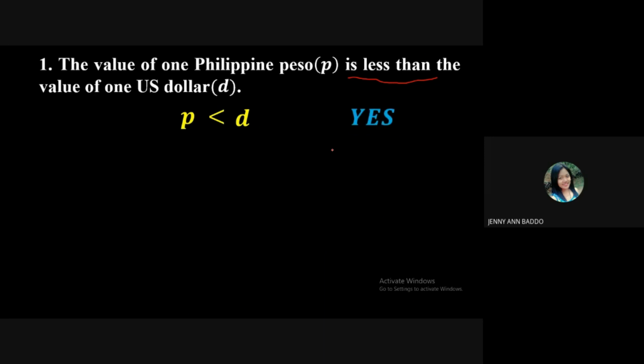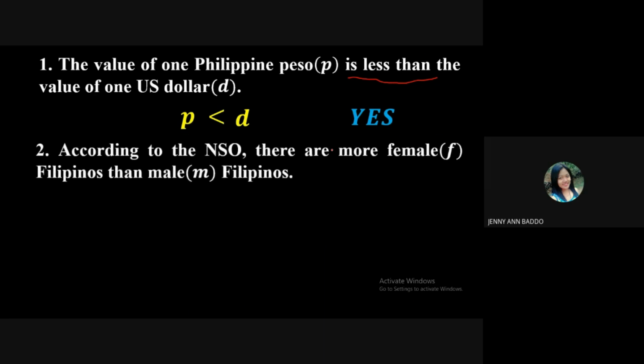Of course, it's a yes. Another example. According to the NSO, there are more female Filipinos than male Filipinos. So in this statement, we are comparing the number of female and male Filipinos.